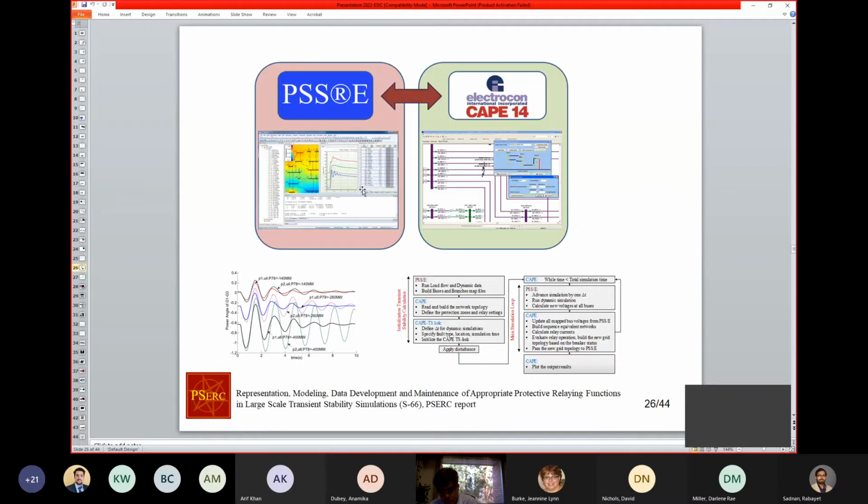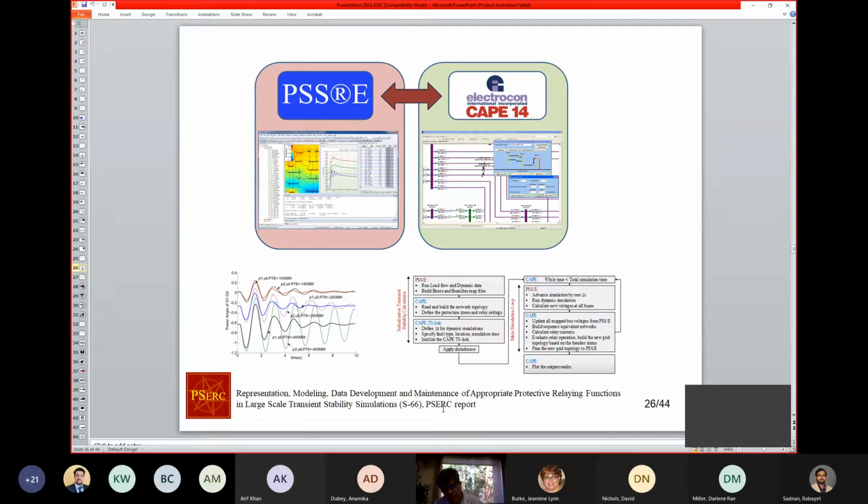Based on this observation, as I said, there are many other protection functions, especially for renewable energy, and that's an ongoing project that we have. These are all the PSEC projects that we had, and the report is available on the PSEC website.